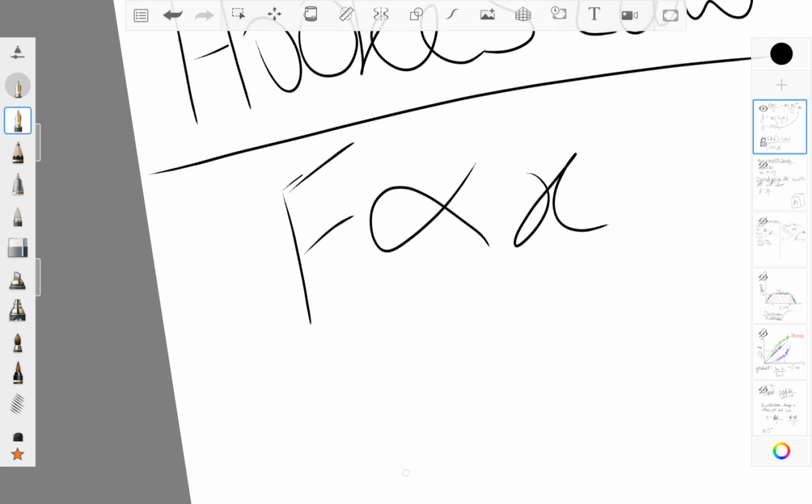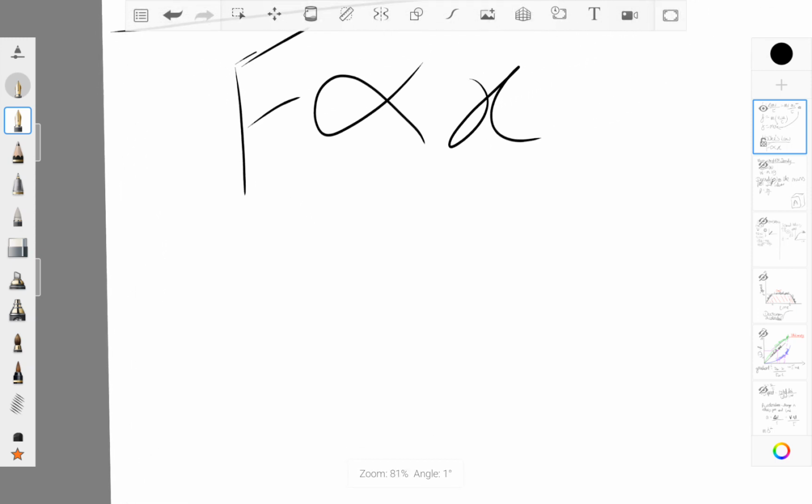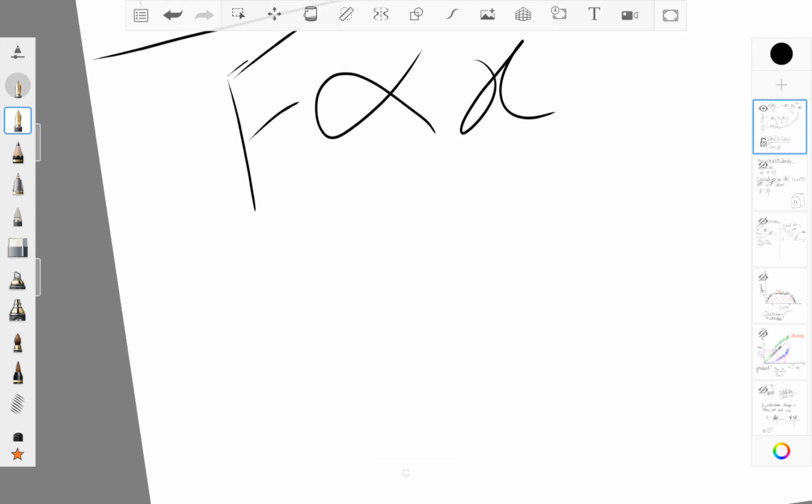However, everything has a limit, right? So my rubber duck, for instance, has something called a proportionality limit, where if I apply too much force, it becomes permanently deformed. And you can actually represent that graphically. Before I do that, F is directly proportional to x, where F is force and x is extension.